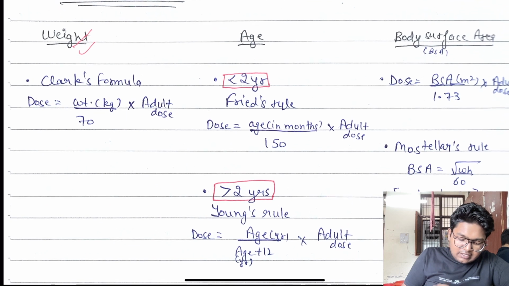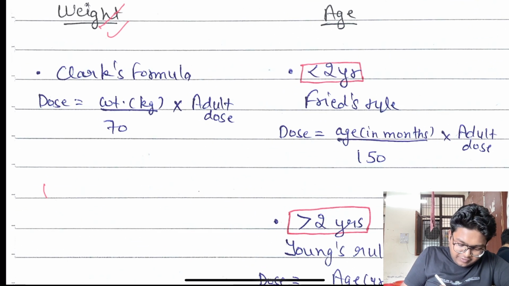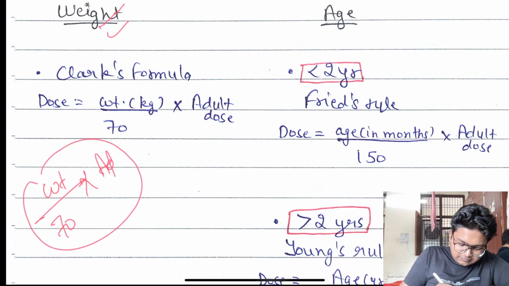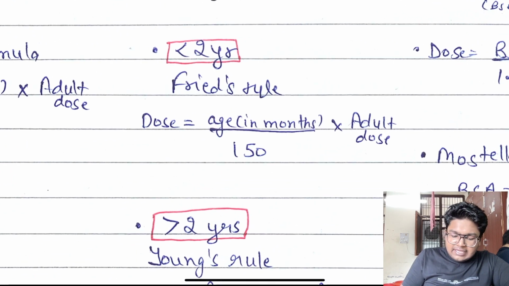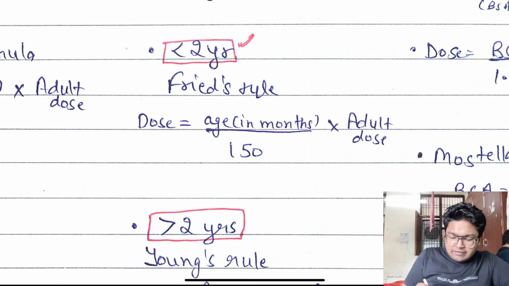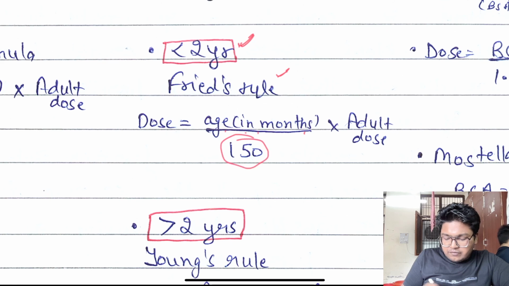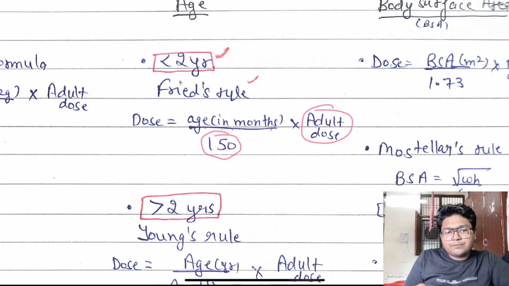Clark's formula is weight upon 70 into adult dose, and weight should be in kg. If the age is below 2 years, then we use Freud's rule: age in months upon 150 into adult dose.